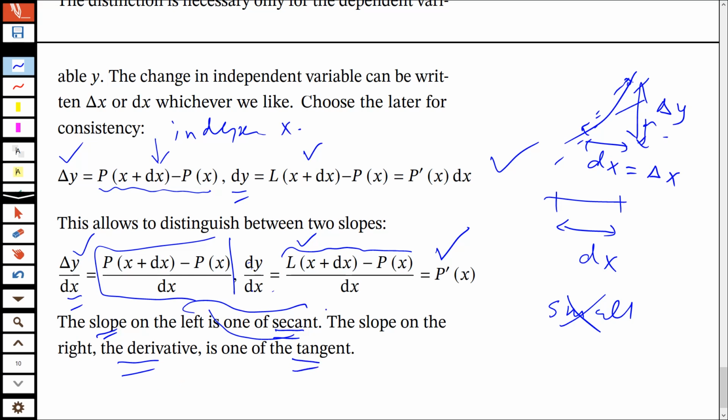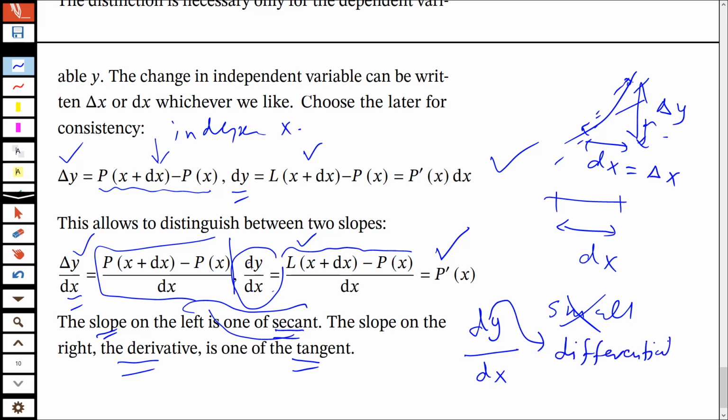So that's the punchline. The derivative is the slope of the line tangent to the curve at that point, and I have established that when we write dy over dx, there is nothing wrong. It is perfectly valid. dy is the change captured by the linear function. dx is the change we chose along the x-axis, and this change is called the differential.